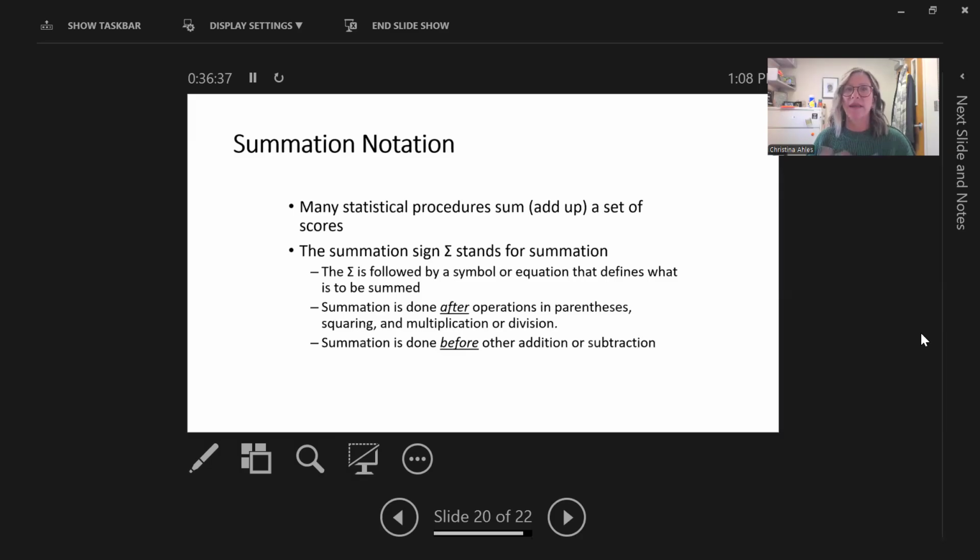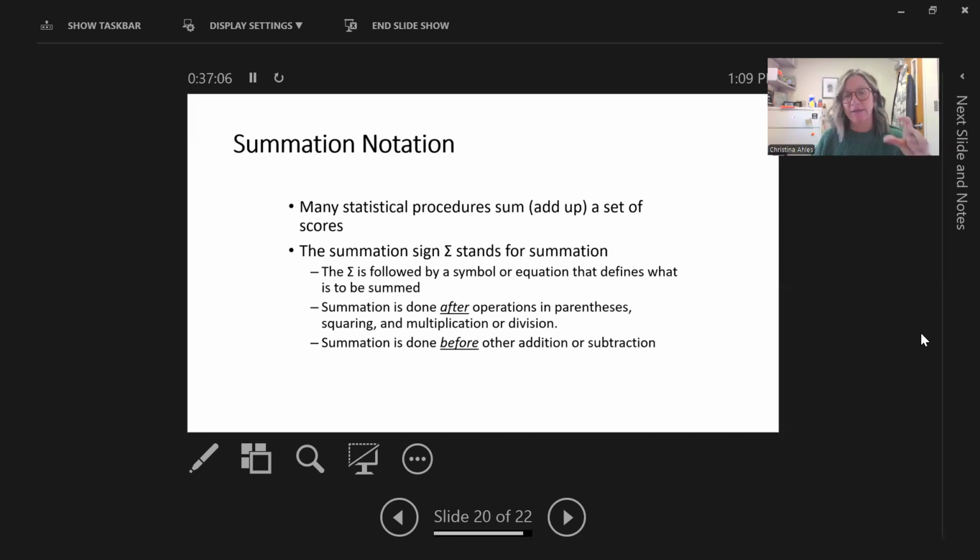So when you're calculating with statistics, there are some things you're going to be exposed to. A lot of our calculations will have procedures related to adding things up, or taking the sum of a set of scores. And instead of saying add these, it uses the summation sign, which looks like an E. That is a Greek letter, and it stands for summation or add.